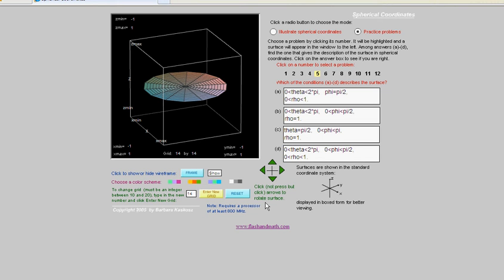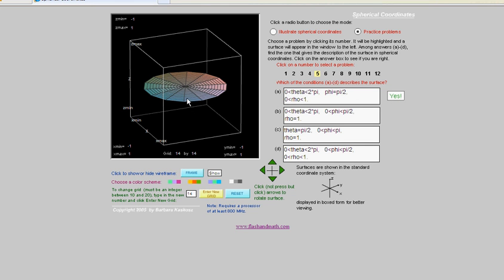Well, if you said A, you're correct. Phi only takes values at pi over 2. So if I come down to pi over 2, I have points along this circle here. It also takes values from 0 to 1 as far as the distance from the origin, and it's around the x-axis.